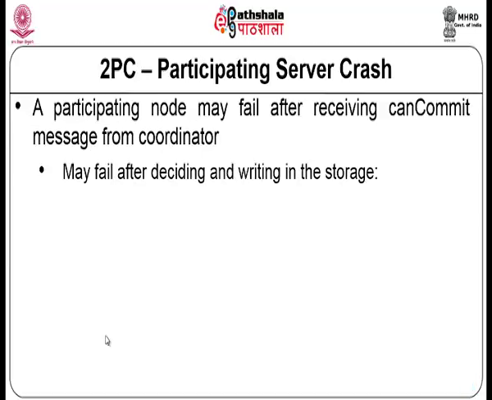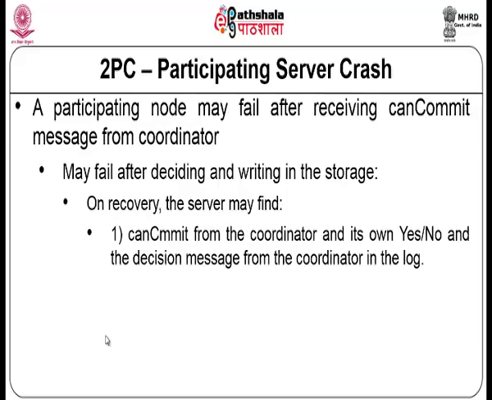Now, if a participating node fails after receiving CAN commit and it may fail during deciding and writing in the storage, on recovery, what may the server find? It may find a CAN commit and its yes or no. Based on that, if it is yes, it looks for the decision from the coordinator.